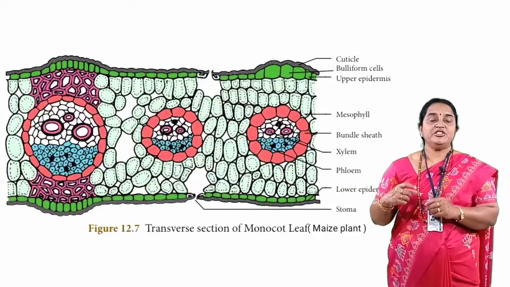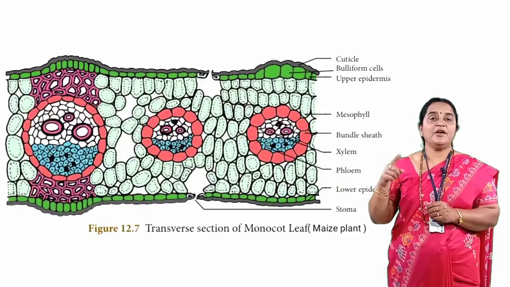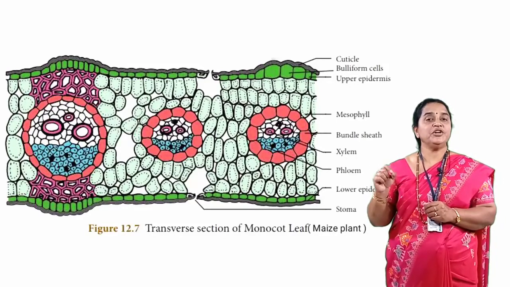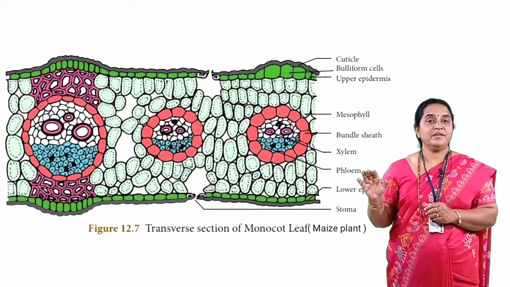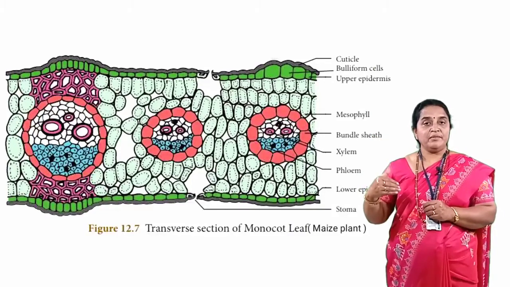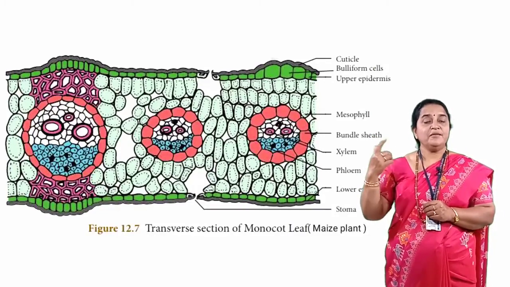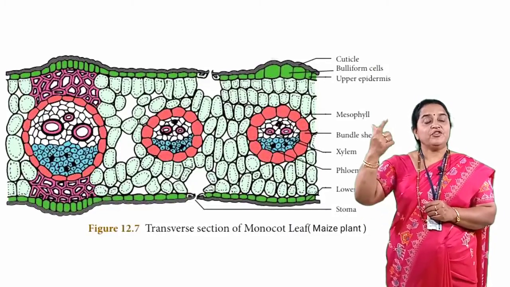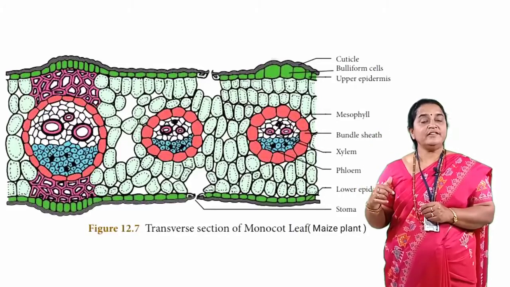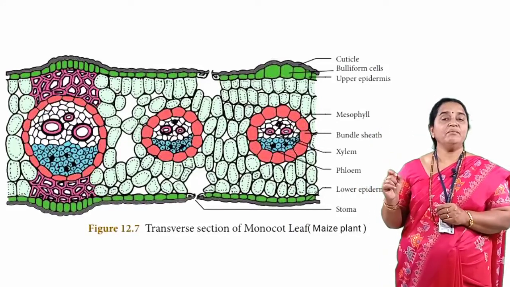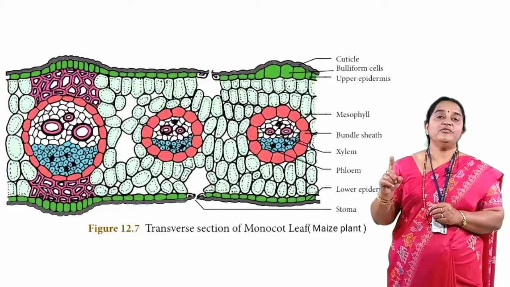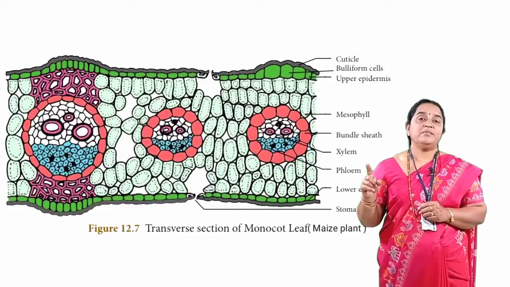In the midrib region, we can see the vascular bundle surrounded by bundle sheath and they are conjoined collateral closed type. So upper and lower epidermis, parenchymatous, protected by cuticle. Stomata are present on both the sides, guarded by dumbbell shaped guard cells. Mesophyll is spongy with vascular bundles.